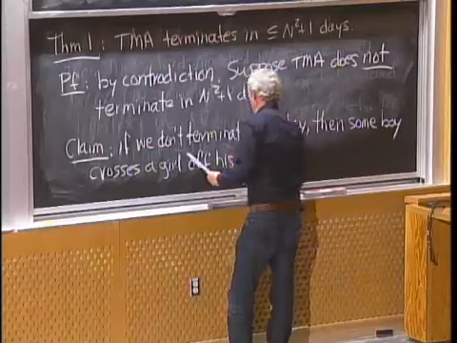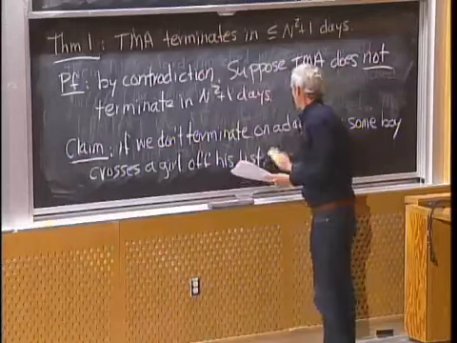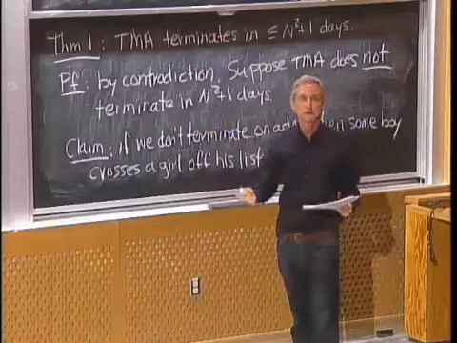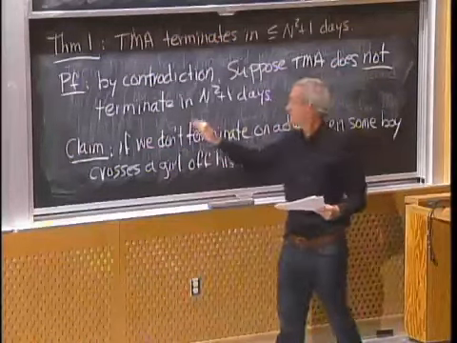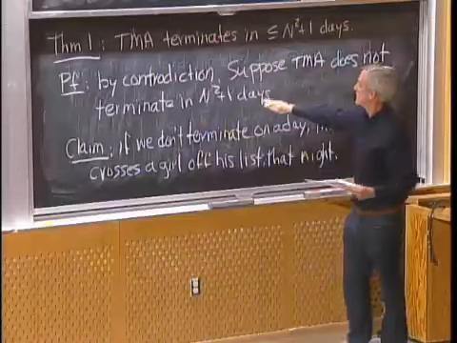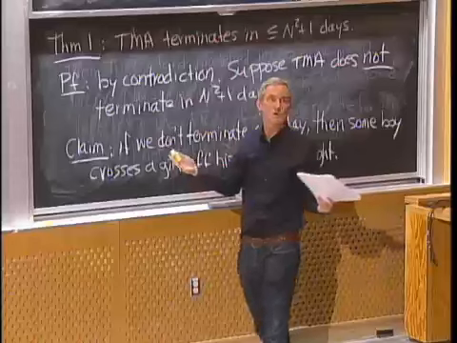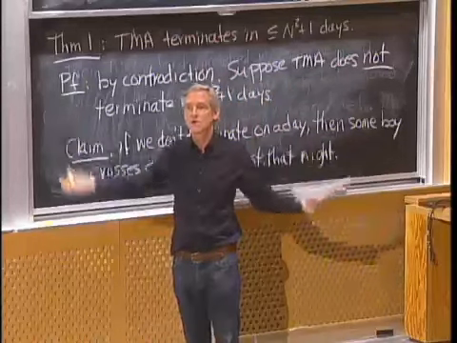And so we're going to measure progress by the crossouts. So every day we don't terminate, a boy crossed a girl off his list. So if we didn't terminate in n squared plus 1 days, we must have crossed off n squared plus 1 girls across all the lists.